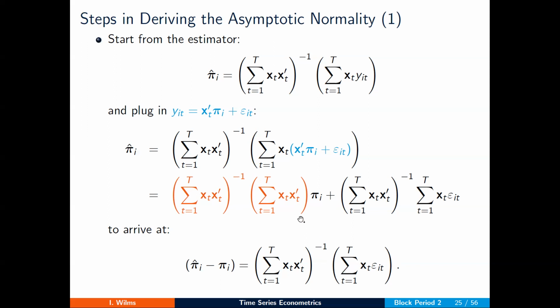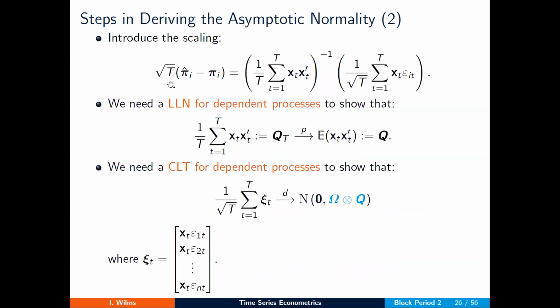Now, to arrive at our asymptotic distribution, we need to introduce appropriate scaling, which means that we need to blow up this difference over here by its asymptotic rate, which is root T, as you might remember from the classical regression framework. If you now multiply by root T on the left-hand side, we also need to do that at the right-hand side.